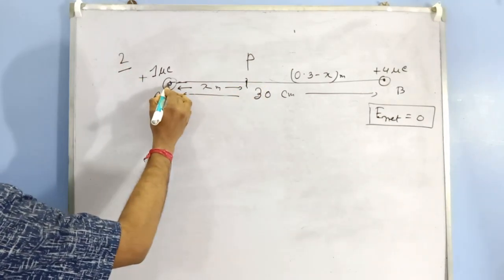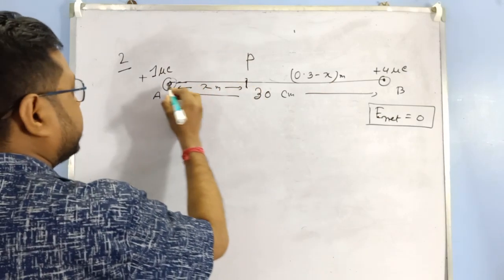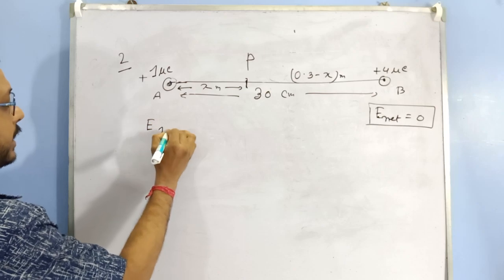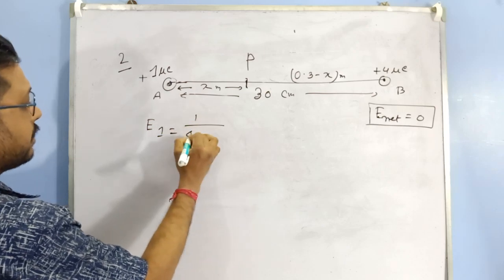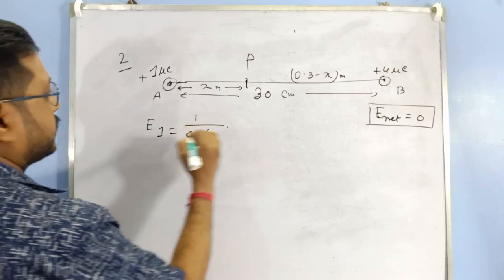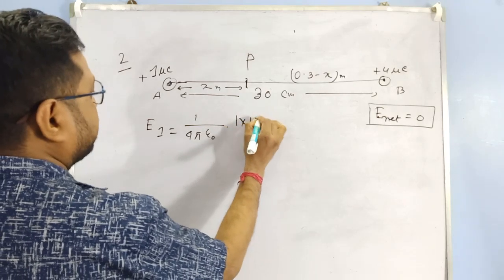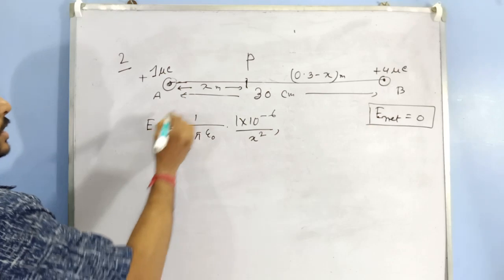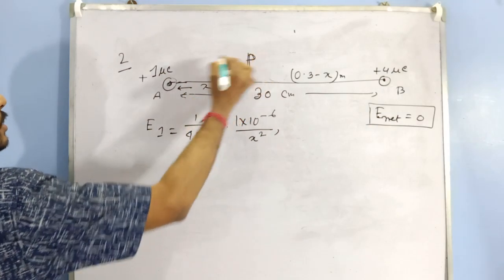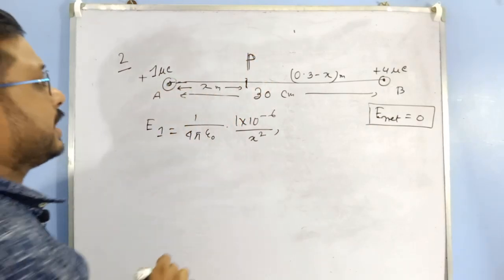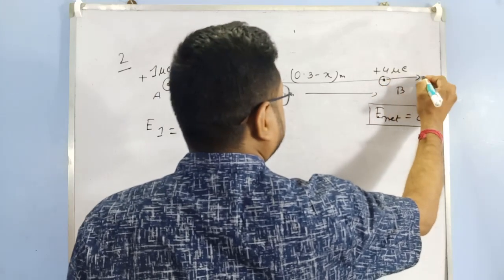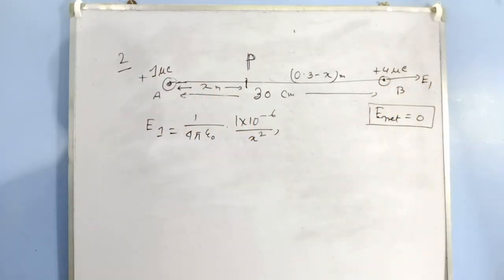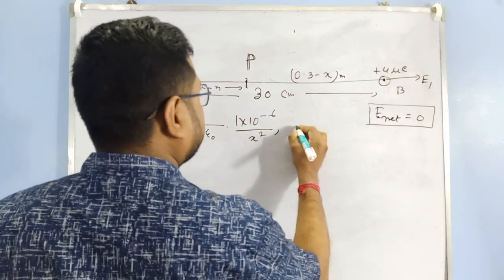So, the intensity of the electric field at point P due to plus 1 microcoulomb is given by E1, which is nothing but 1 by 4 pi epsilon naught, 1 into 10 to the power minus 6 by x square. E1 is along this direction because the force is repulsive here, so it is along the AP direction.